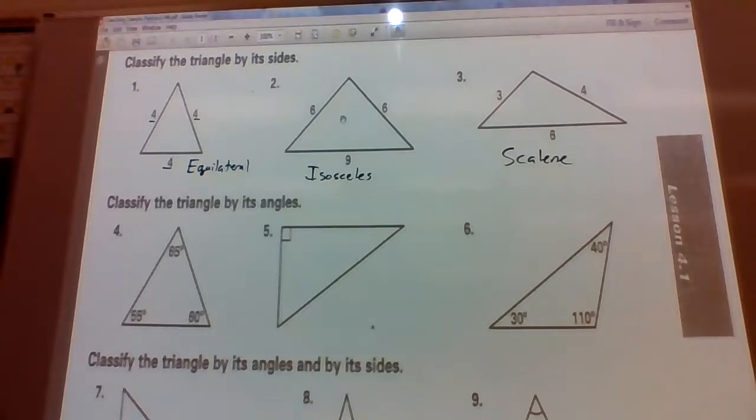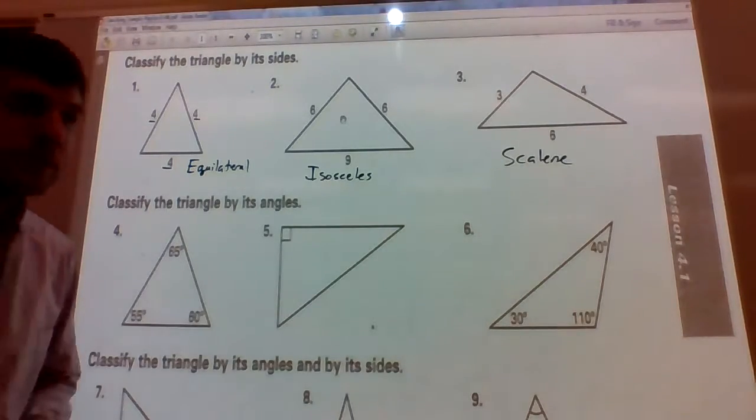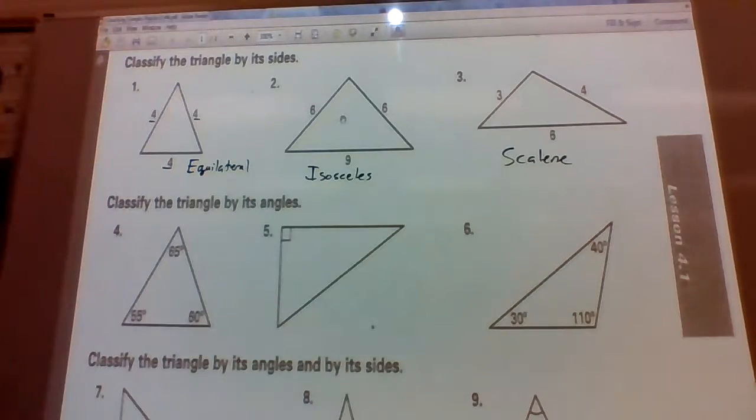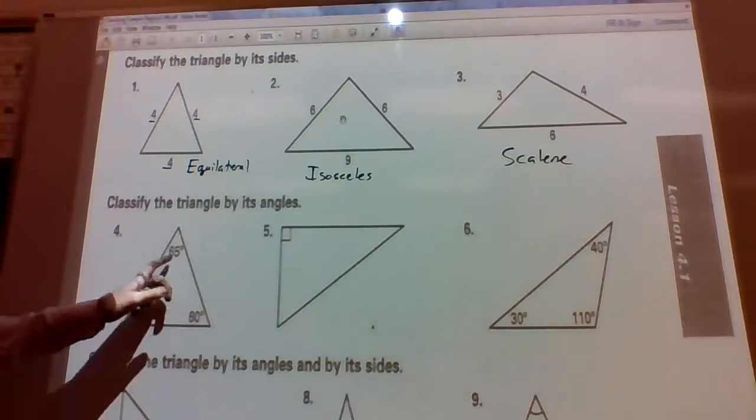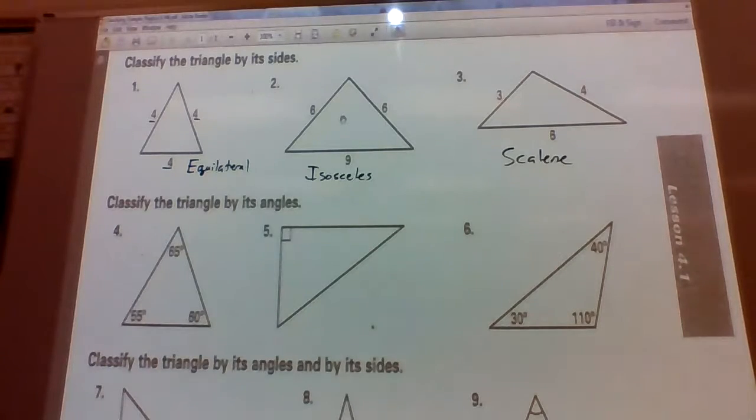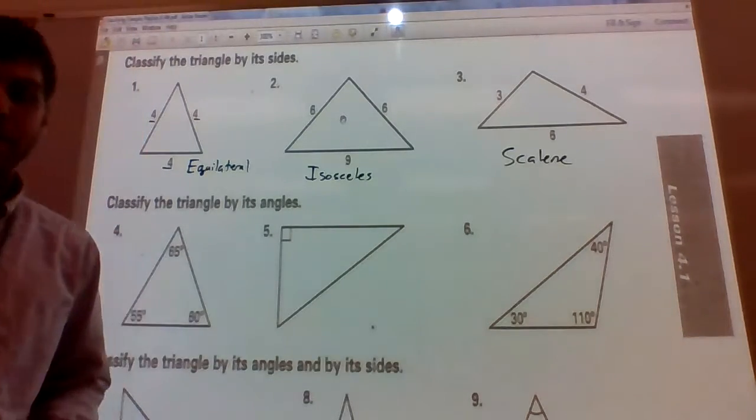We can classify as right, if one angle is 90 degrees. We can also classify as equiangular. So an equiangular triangle has 3 angles that are all the same. Since in Euclidean geometry, the measure of the 3 angles add up to 180, an equiangular triangle is going to have 60 degrees for all 3 of its angles.